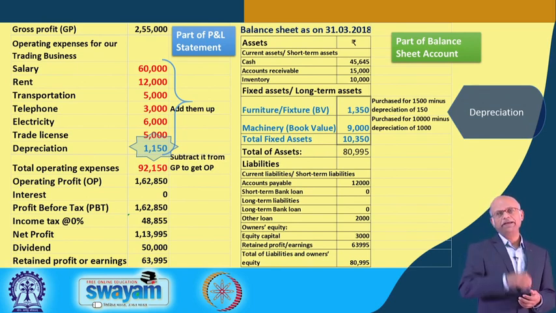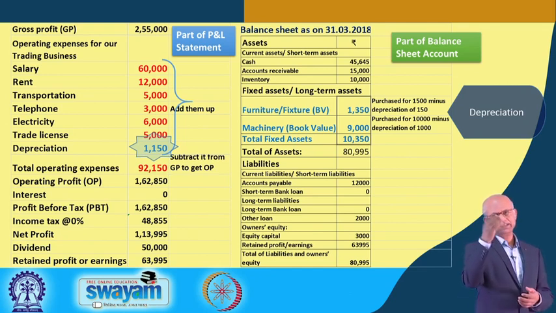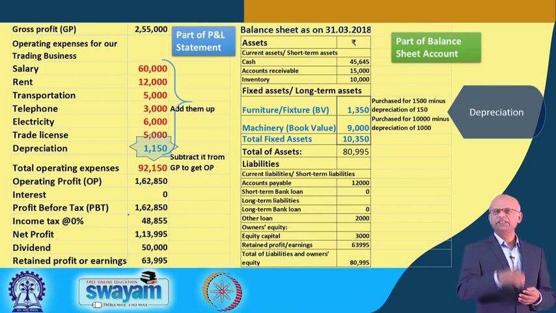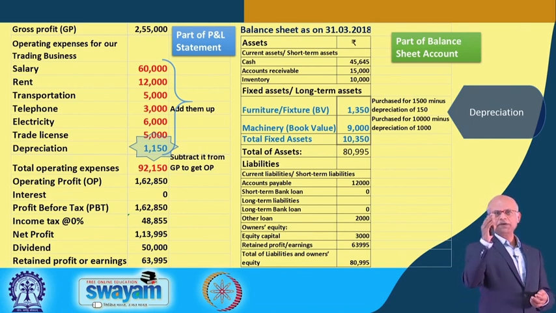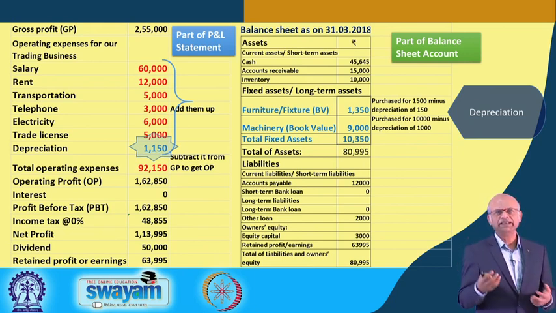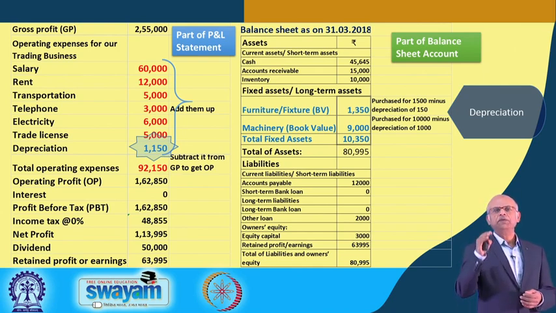See, the left two columns refer to the profit and loss account, where I have started with gross profit. The top row is the gross profit. It is the same example that we discussed in the previous session. Then you try to estimate operating expenses, which is the sum total of all the operating expenses such as salary, rent, transportation, telephone expense, electricity, trade license fees that you incur every year, then depreciation.